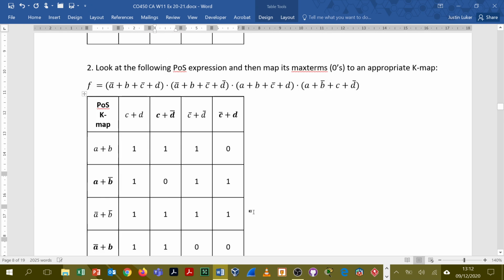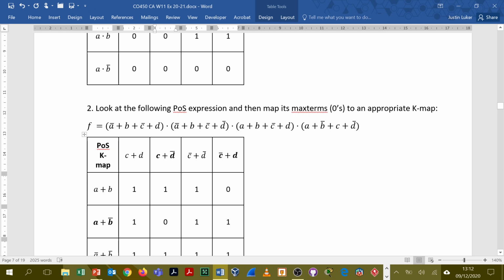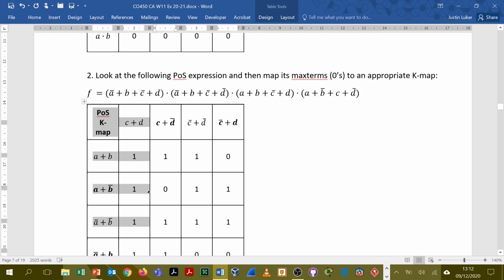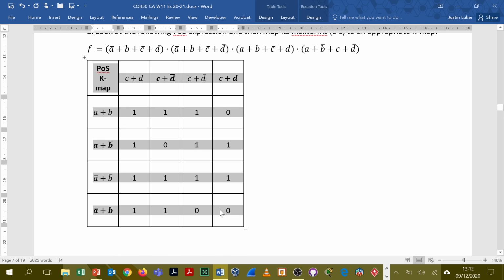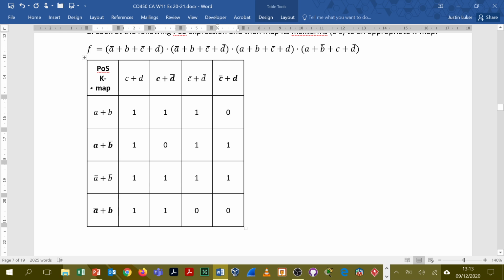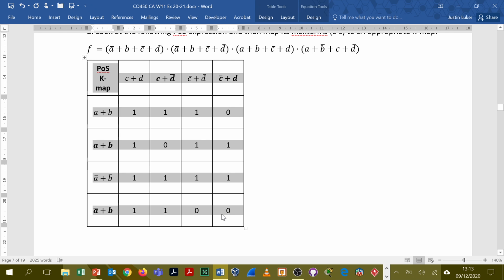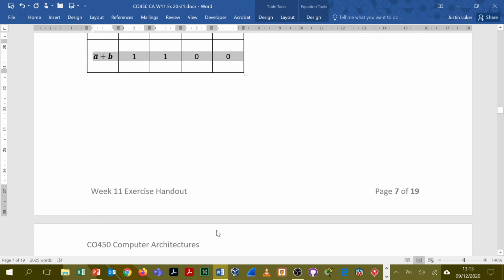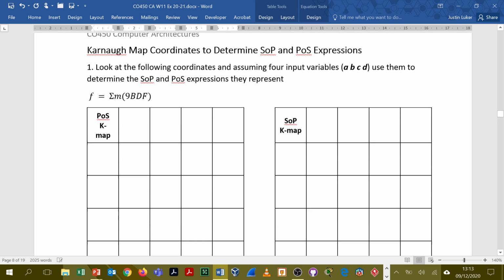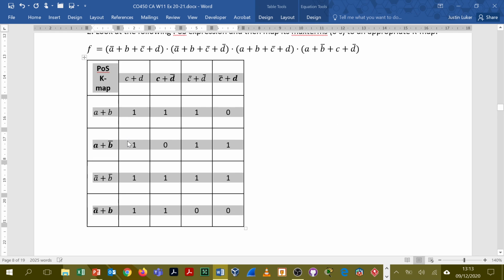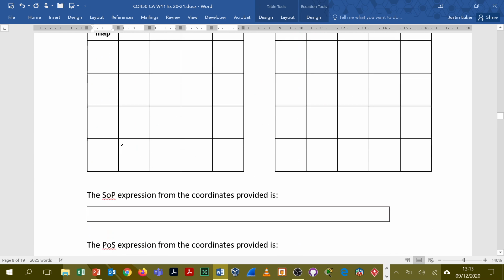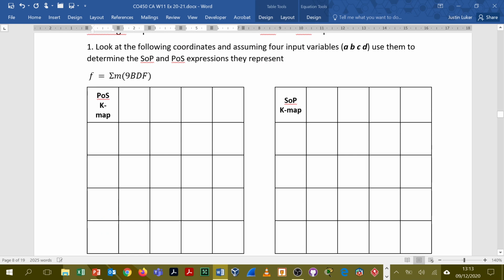So again, I'm just going to copy my POS and SOP tables just for quickness. We'll start with POS here.